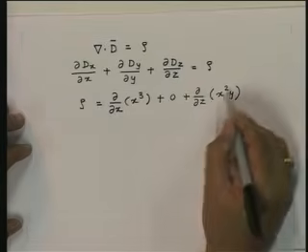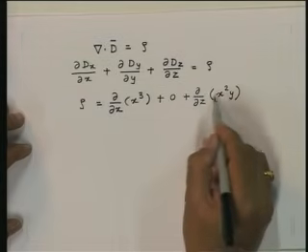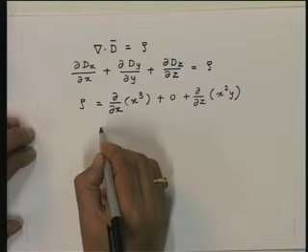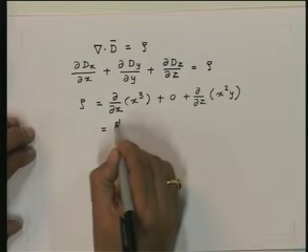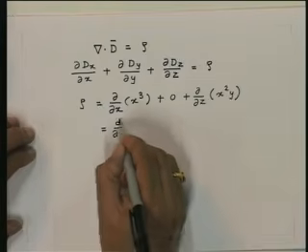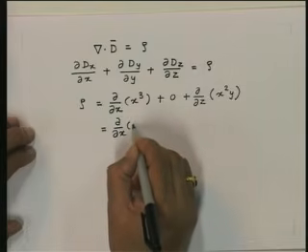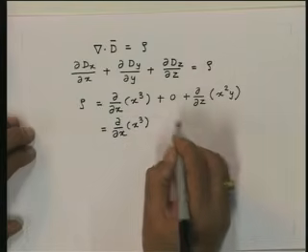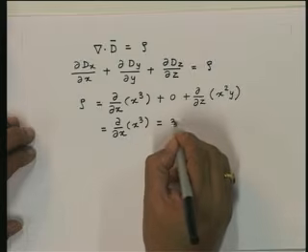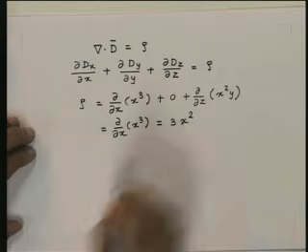Even this quantity is 0, because d by dz of x square y will be 0. So, essentially rho will be d by dx of x cube, which is equal to 3 x square.